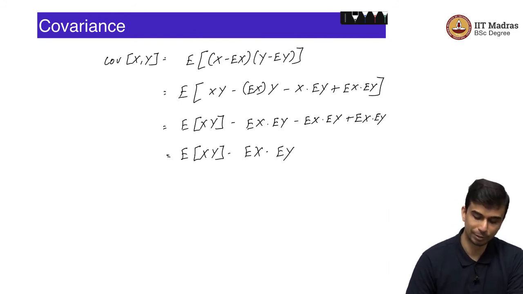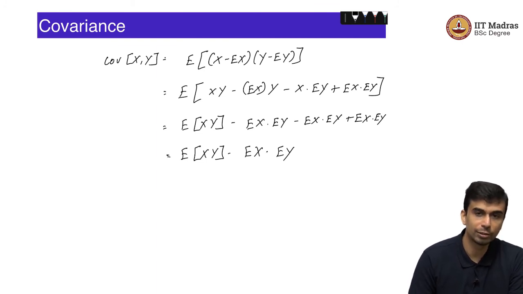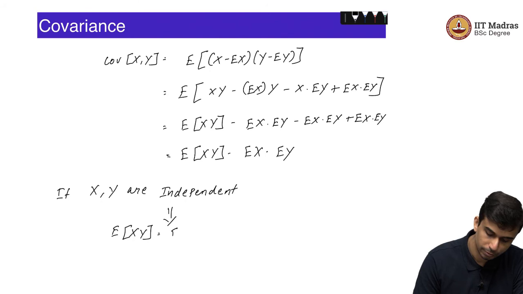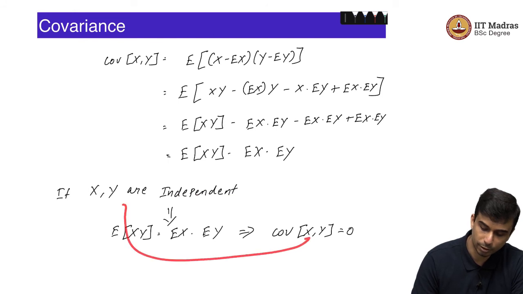This should immediately tell you one thing, from our definition of independent random variables. We showed that if you have independent random variables x and y, the expected value of the product is equal to the product of expectations. So, if x and y are independent, then this implies the expected value of xy is equal to the expected value of x into the expected value of y, which is equivalent to saying that the covariance of x comma y is equal to 0.